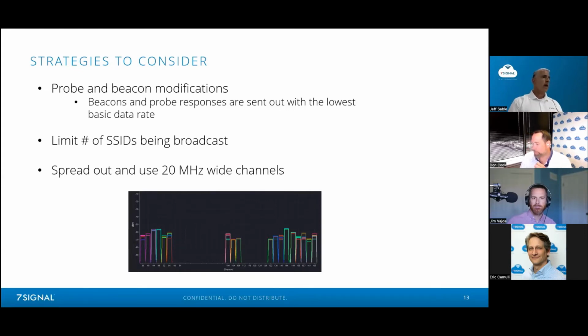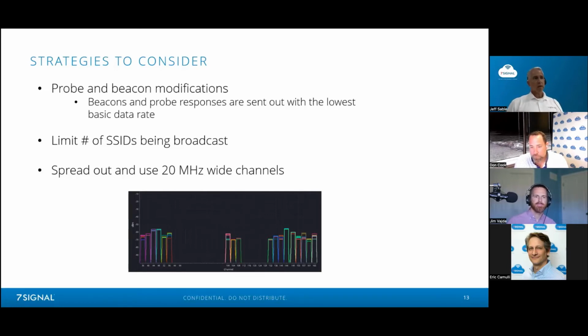And here's one for all of my clients, not just high density customers, but for all of my customers, I always advocate 20 megahertz wide channels. And I know there may be instances where some customers have opportunities with their equipment to take advantage of 40 megahertz wide channels and actually get benefit of that.